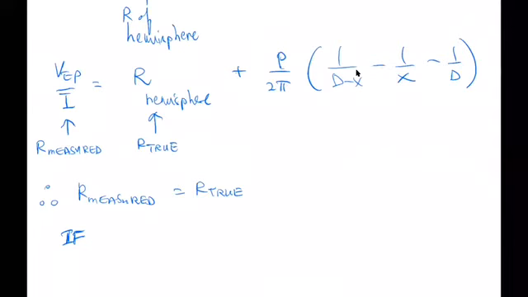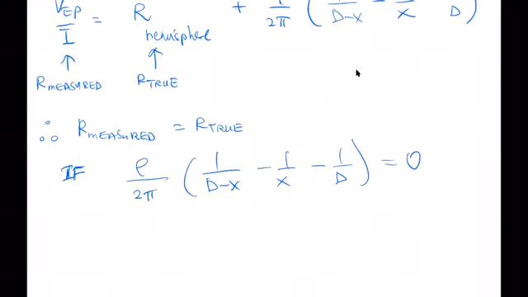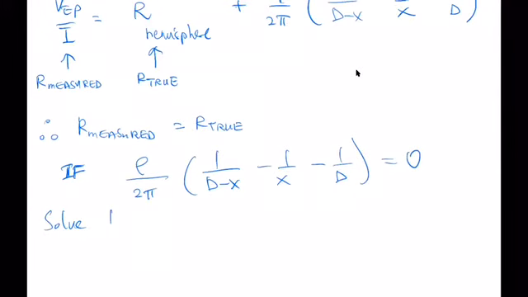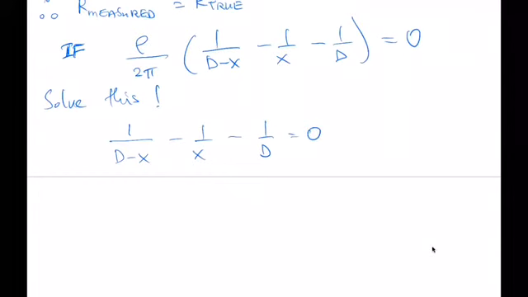No, that one is the solution from this equation. Can you see the equation? If rho over 2 pi term goes to 0, this whole term equal to 0, now you solve this. So that equation is equal to this, right? Correct.